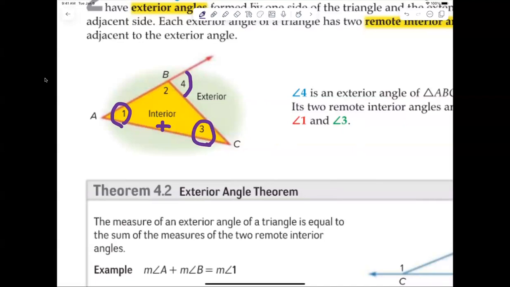That's just a fancy way of saying the ones that are not adjacent to 2. The remote angles are not connected to 4, so 1 and 3. Those are the remote interior angles, and it should be obvious that angle 4 must be equal to 1 plus 3.